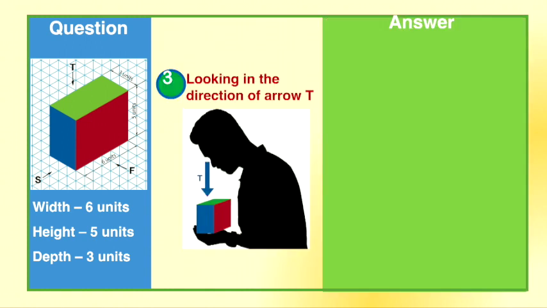After drawing the front view, you will now visualize the cuboid from another direction, that is, in the direction of arrow T from the top. What shape will you see and of which color will the shape be?